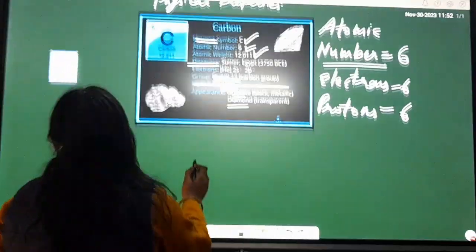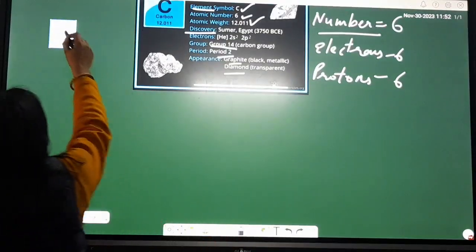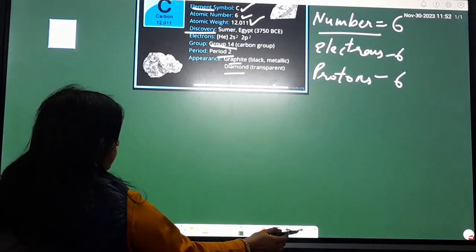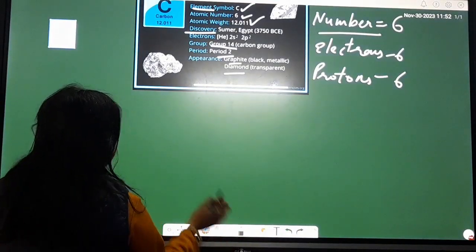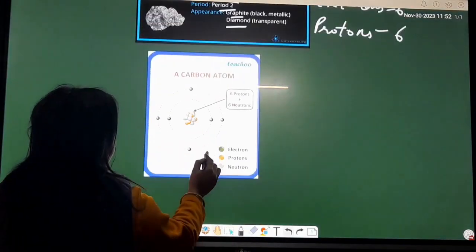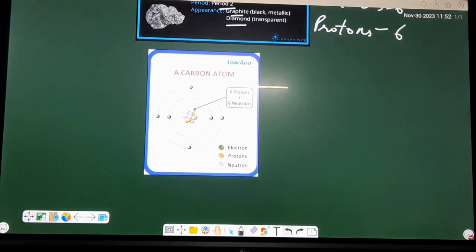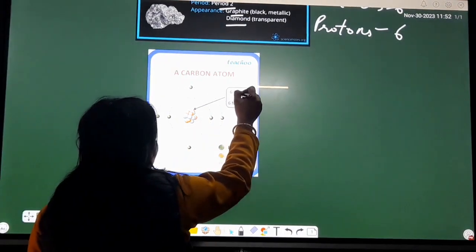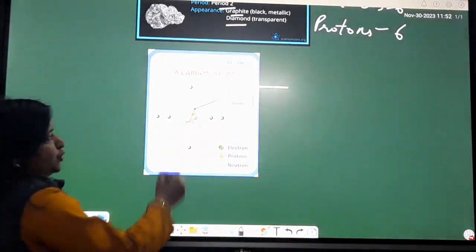So, what is the special feature of carbon? The carbon atom has 6 protons and 6 neutrons in the nucleus.